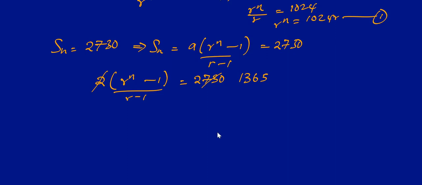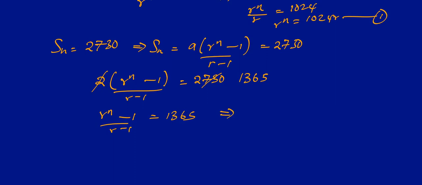2730 divided by 2 is 1365. So (r^n - 1) all over r - 1 will be equal to 1365.